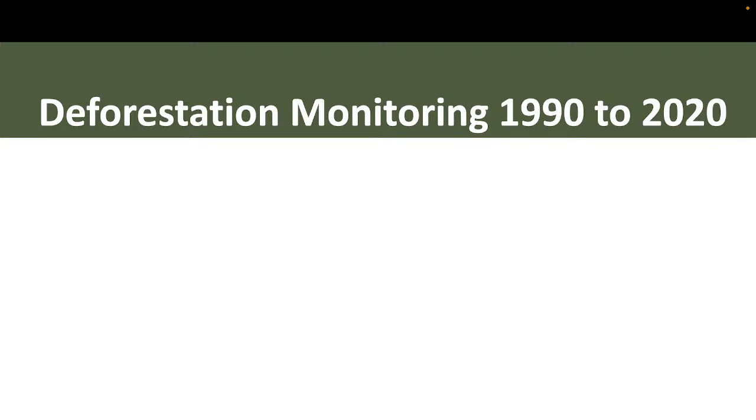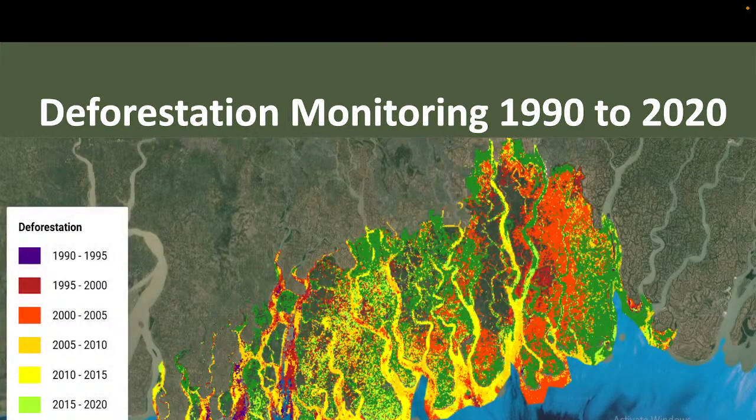And also deforestation monitoring. Here you can see deforestation monitoring for different time periods, suppose 1990 to 2020. For the different time periods, we can easily monitor the deforestation area using Google Earth Engine, and it's very essential for monitoring forest cover changes, how much area is deforested, how much is afforested or reforested.